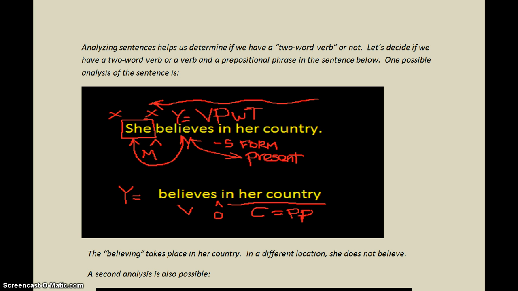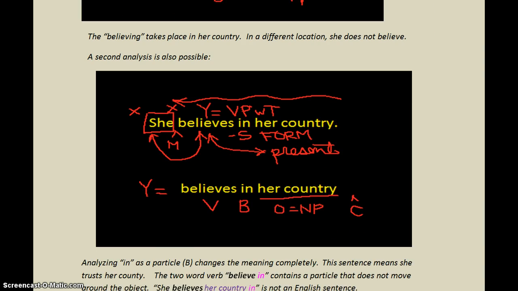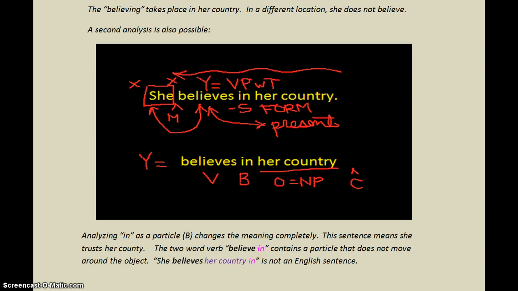But we can look at this sentence a different way. The sentence level analysis doesn't change. She believes in her country. It's still the same ties, same subject, same predicate. It's still a verb phrase with time, still the S form.